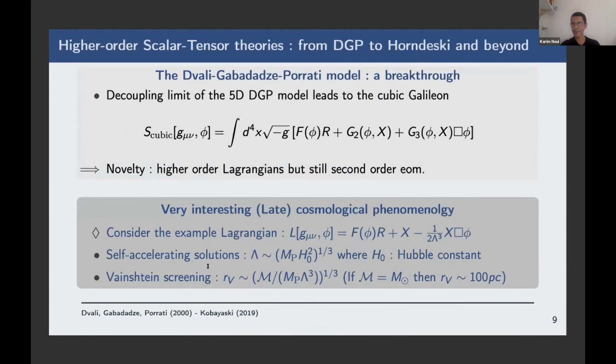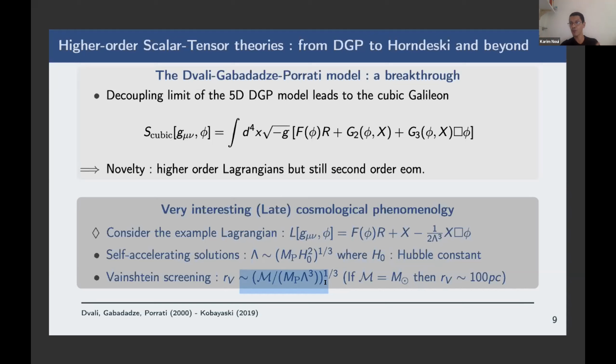So the screening mechanism here, in fact, what you can show basically is that these theories are non-linear, because you have a coupling between X, which contains 2 times phi, and box phi, which contains, of course, 1 times phi. So here you have highly non-linear theories if you look at the structure in terms of phi. And the non-linearities of the theory are responsible for this Vainshtein screening, in fact.